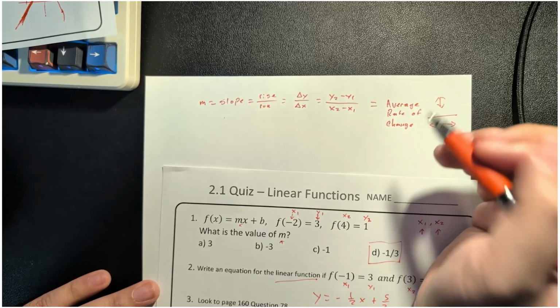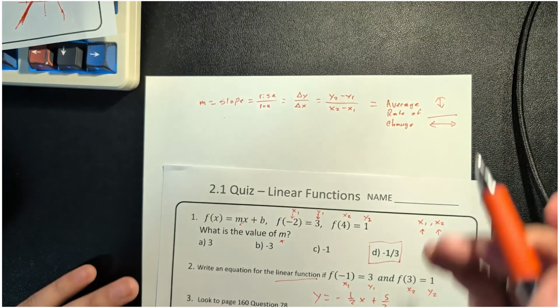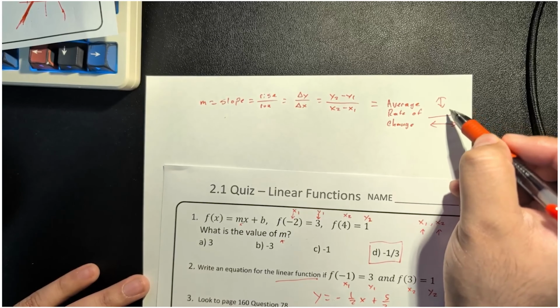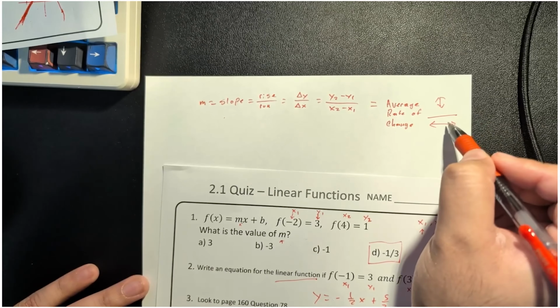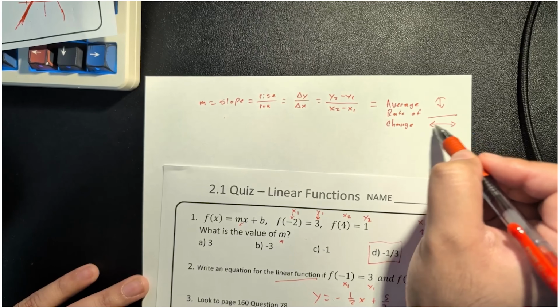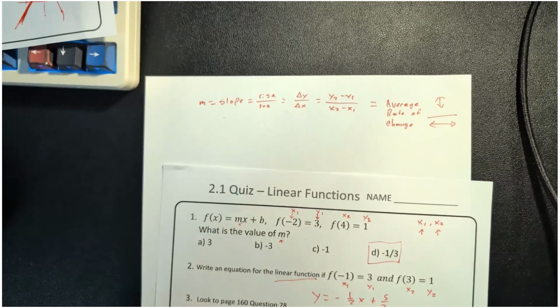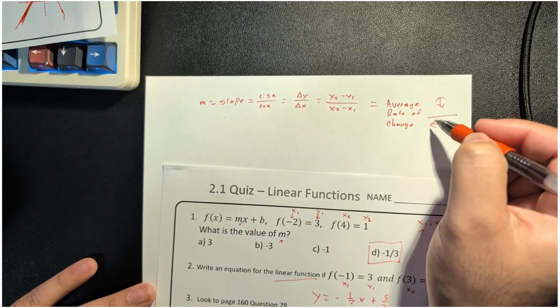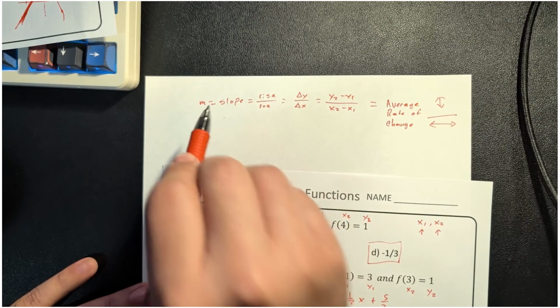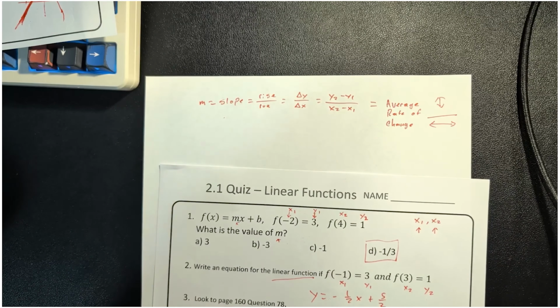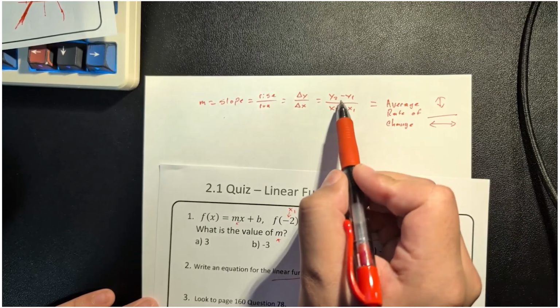How does your function change going up and down over how does your graph change going left to right? So this is your average rate of change. It's your slope, it's your m, and to find it, it's the exact same way for each one.